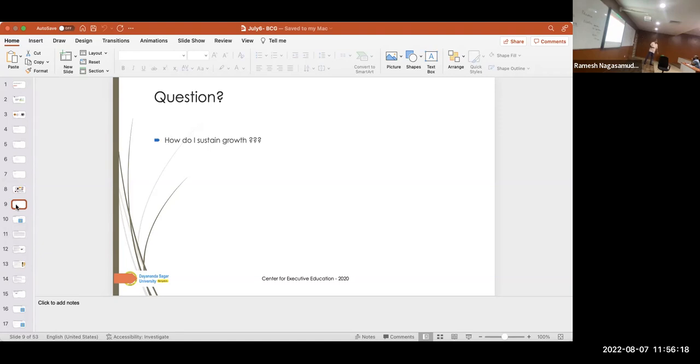Then the third thing you can do is add new products to your segment, new products for existing customers. And then you have new products for new markets. Got it? These are the 4 ways in which you will expand.